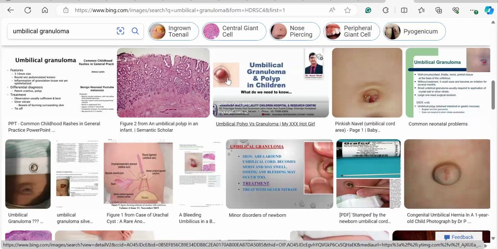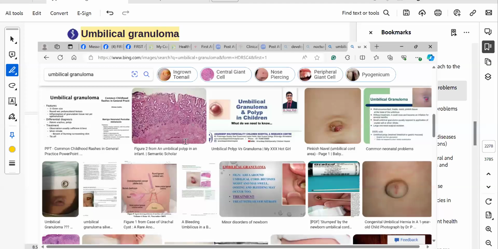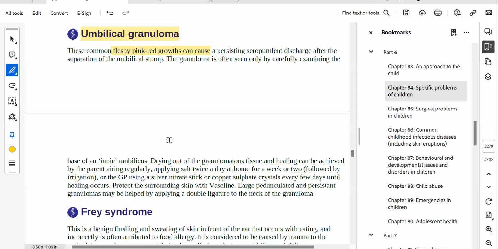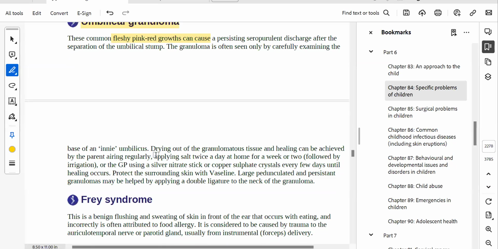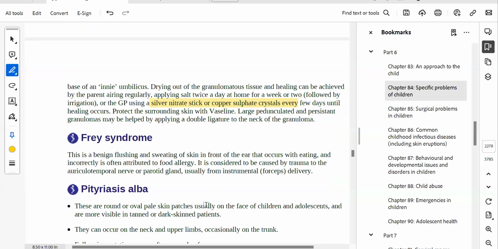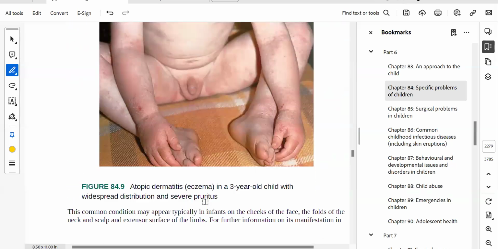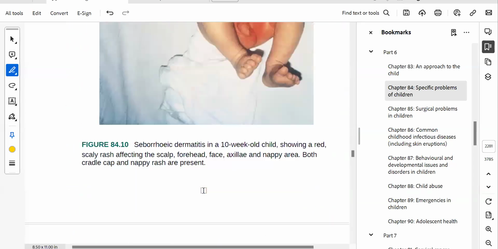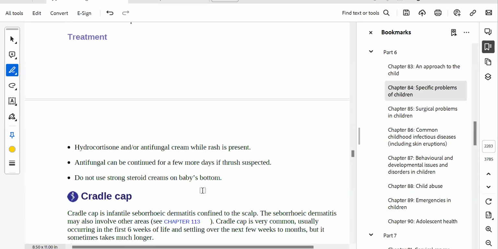Okay, so kind of a fleshy red growth around the umbilicus. So if you see this umbilical granuloma, what will you do? You can use a silver nitrate stick or a copper sulfate crystal every few days until healing occurs. So that's the usual treatment, silver nitrate or copper sulfate crystal. Okay, so that's usually the one that you need to go through.